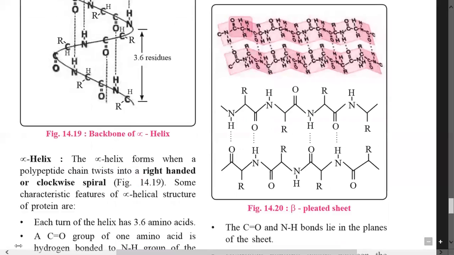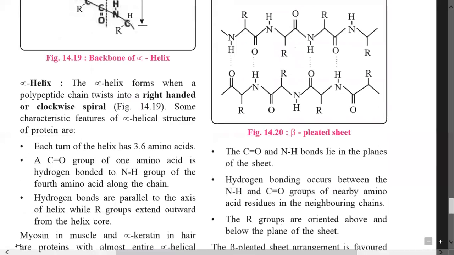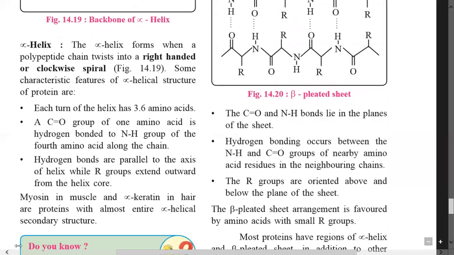So these are the characteristics. Which characteristics have we studied? Each turn of the alpha helix has 3.6 alpha amino acids. Then the CO group of one alpha amino acid is hydrogen bonded with the NH group of the fourth amino acid in the chain.